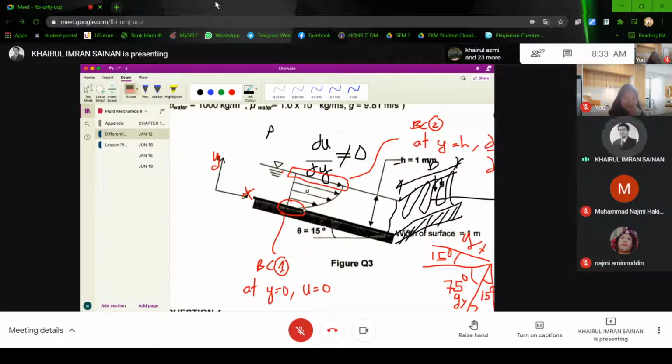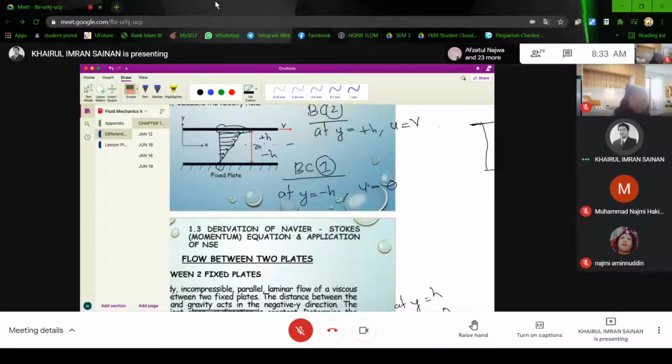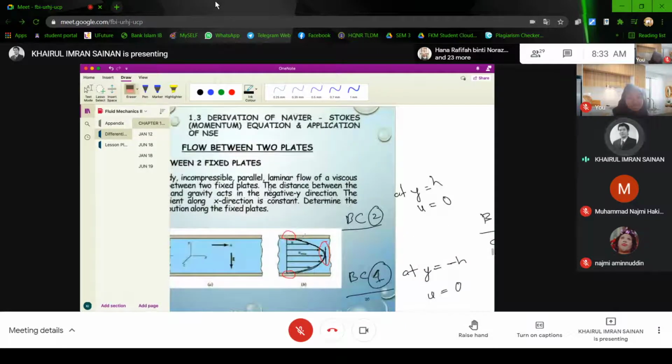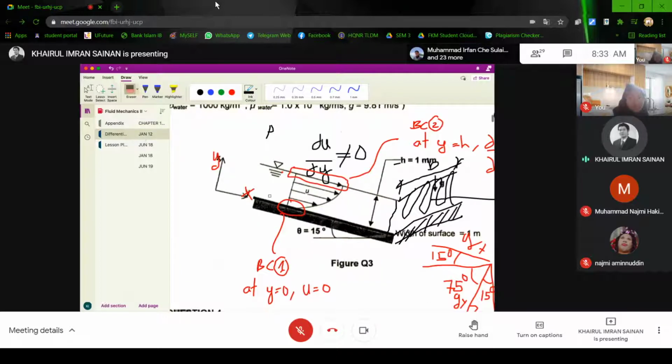So when you apply an external force that causes the fluid to flow, that should be a straight line, which is why it becomes a triangle. But if the flow occurs naturally by pressure or gravitational effect, you need to draw it like a curve. That is the first thing that you need to understand.